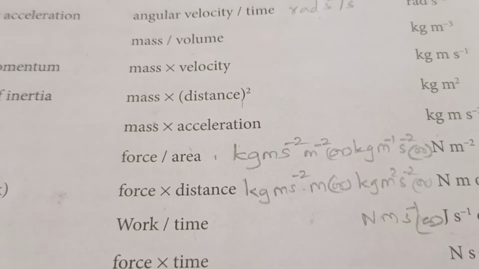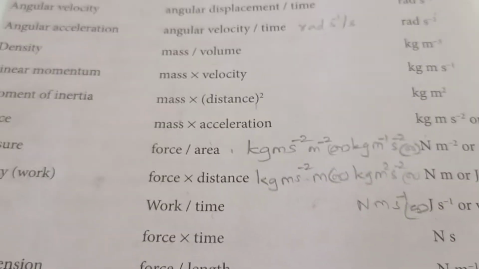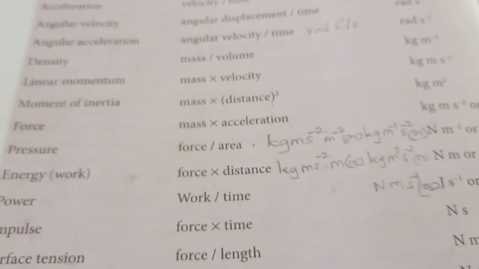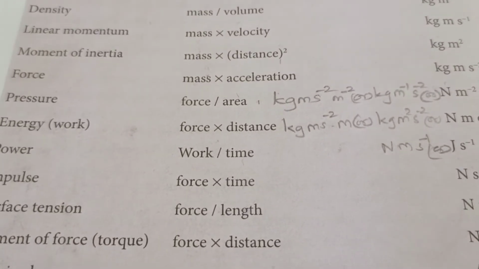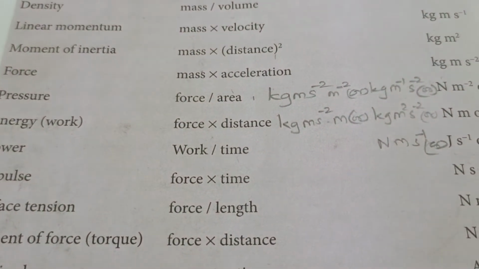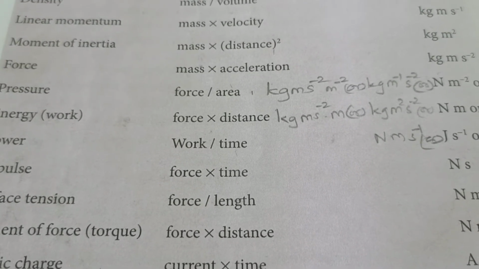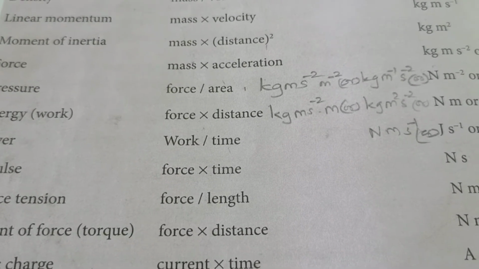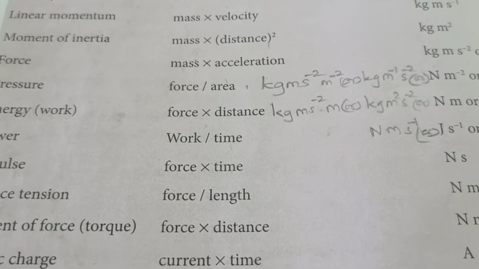Angular acceleration: angular velocity by time, so radian second power minus 2. Then density: mass by volume, kg meter power minus 3. Linear momentum: p is equal to mv, so mass into velocity, kg meter second power minus 1. Moment of inertia: mass into distance squared, mass you measure in kg, so kg meter squared.